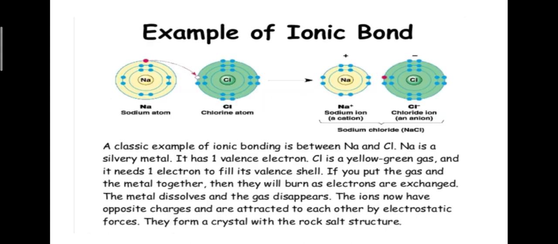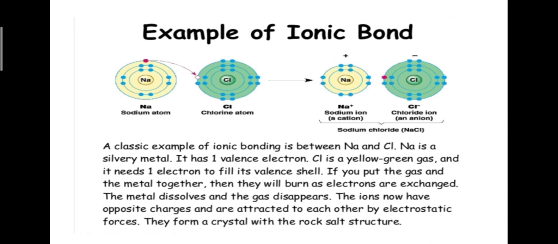Now here is the example of ionic bond. A classic example of ionic bonding is between Na and Cl. As I told you, this is the bond between one metal and one non-metal. So here Na is the metal, sodium, and Cl is chlorine, the non-metal. Na is a silvery metal, it has one valence electron.